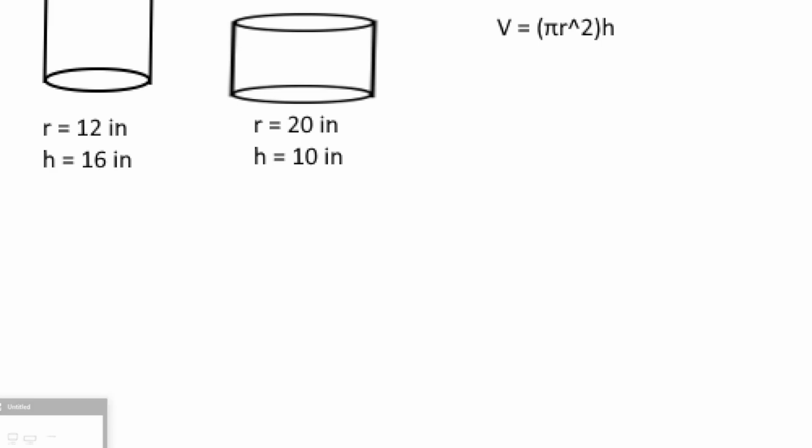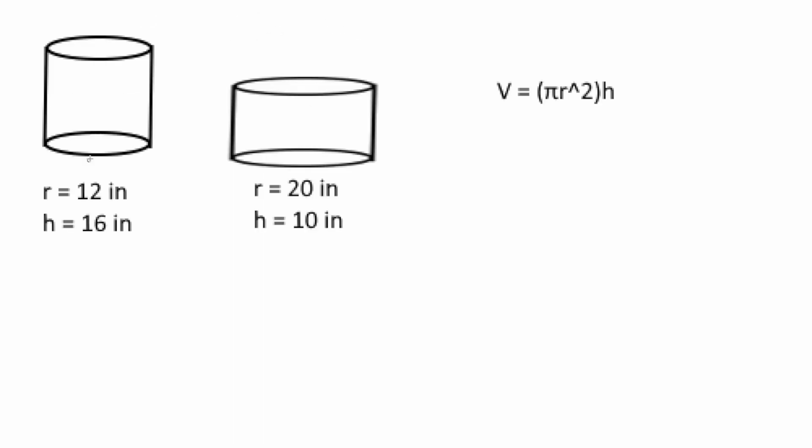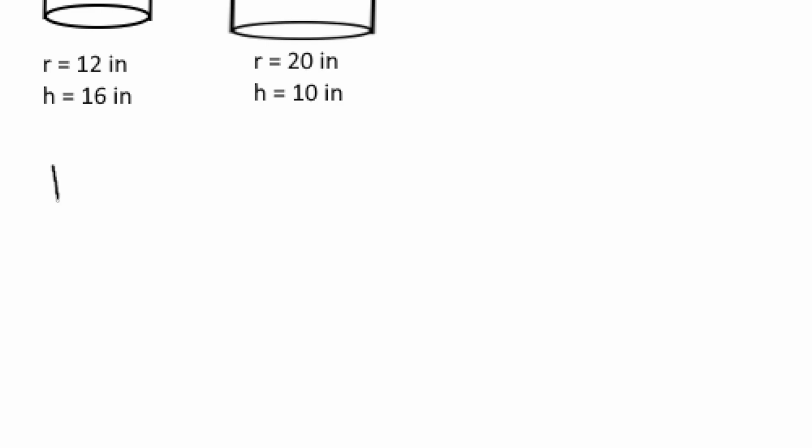So first things first, we already have a visual representation of the bowl, but let's just do another one. It's going to have a radius of 12 inches, so it's going to look something like this.